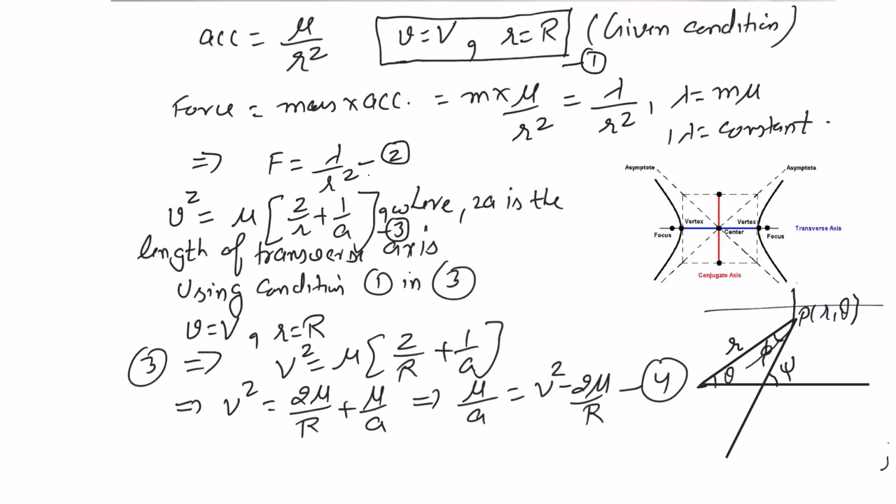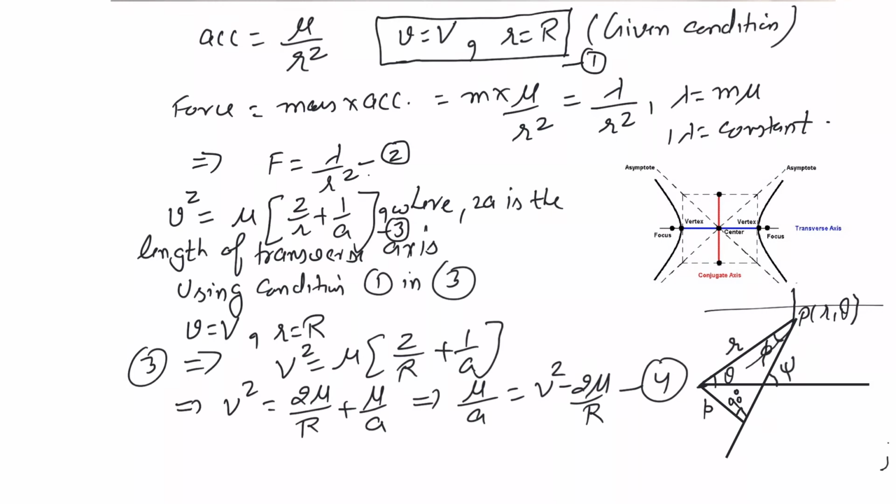You have already studied it in the curvature section. Now I am going to draw a perpendicular. This is the perpendicular drawn, and this angle is 90 degrees. This is the length of the perpendicular p.